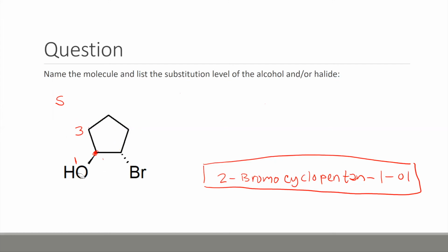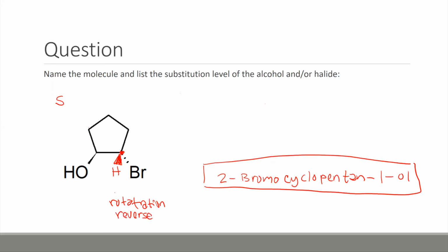Now, if I want to do the other one, the problem here is our hydrogen is pointing forward. The trick for a molecule like this, where your hydrogen, or your lowest group, is pointing forward, is to assign it as normal. So do what I just did, do the assignments, figure out the rotation, but the rotation will be reversed.